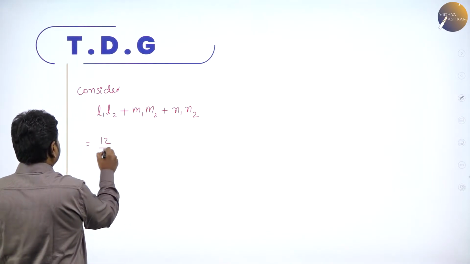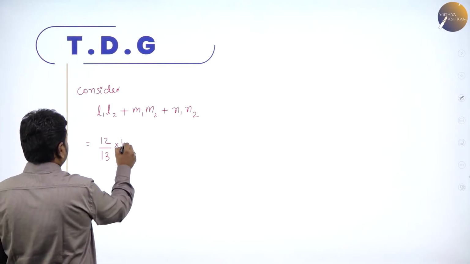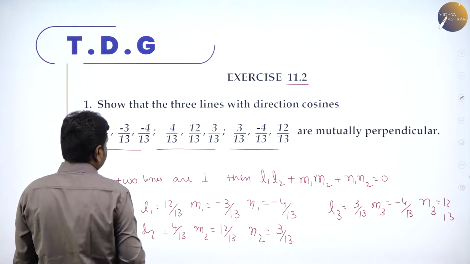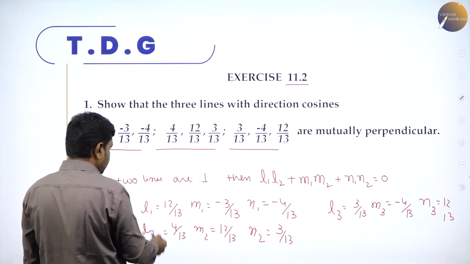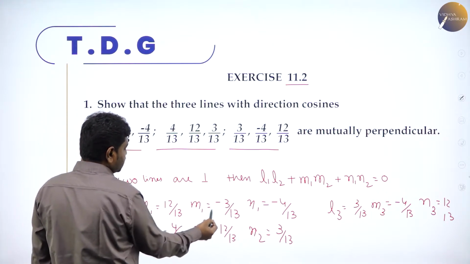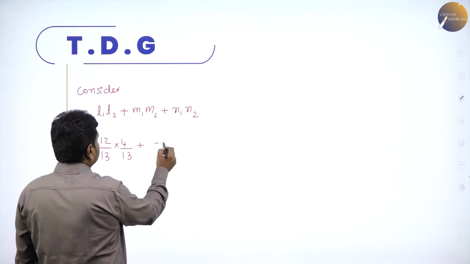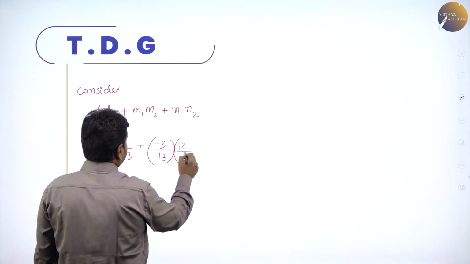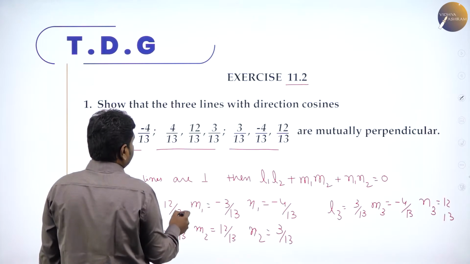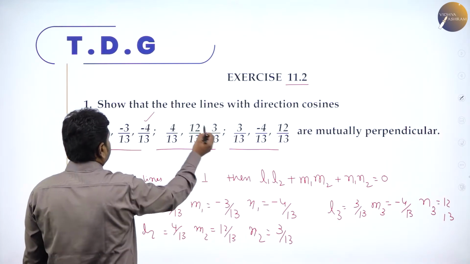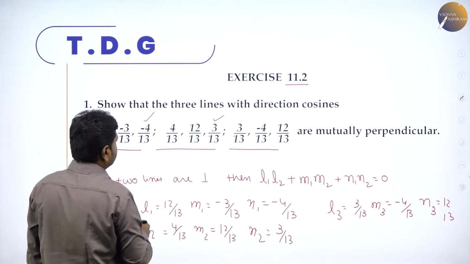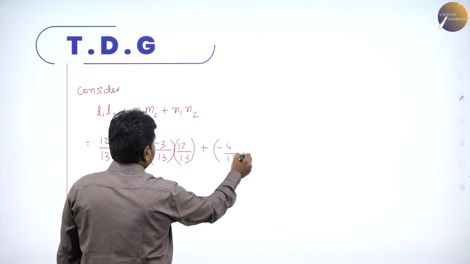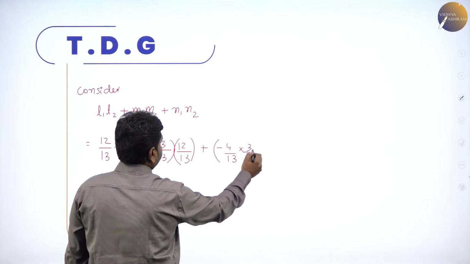So 12 by 13 into 4 by 13, plus M1 is minus 3 by 13 into M2, 12 by 13, plus N1 N2, that is minus 4 by 13 into 3 by 13.